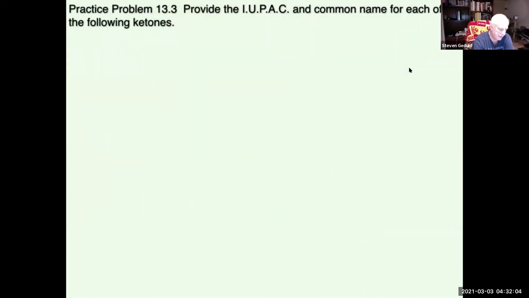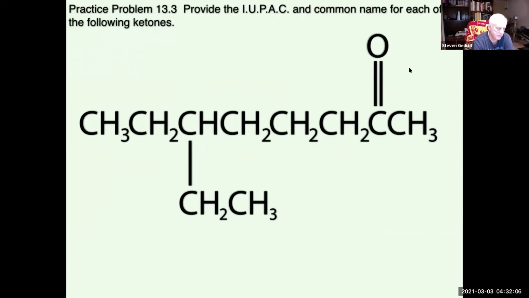Okay, each of the following again, ketones. And always find the longest carbon chain, including the carbonyl group. So here's our longest carbon chain. Okay, the same either way, so it doesn't matter. IUPAC name.